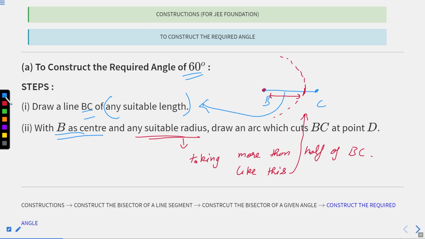Now I am taking C as center with the same radius, making an arc like this.